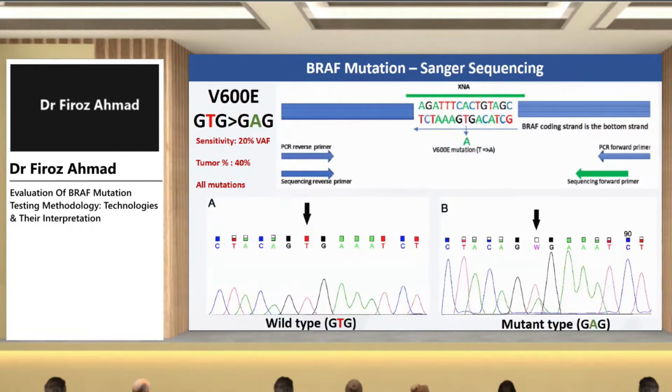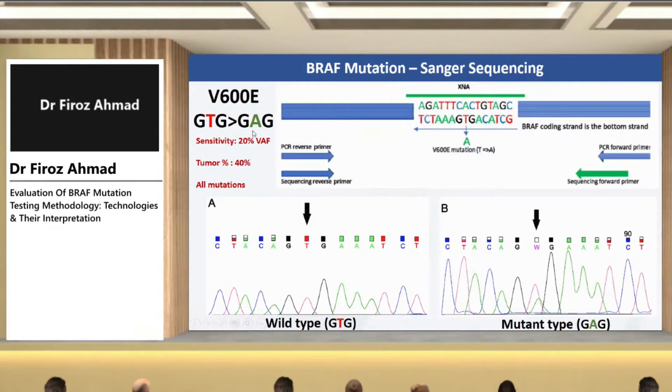As far as the interpretation goes, GTG is the codon for V600. In case of wild type, you can see a single peak T. Whereas in case of mutant, you can see a combination of two peaks, which is T and A. So whenever two peaks are seen in Sanger sequencing, you call it a mutation.